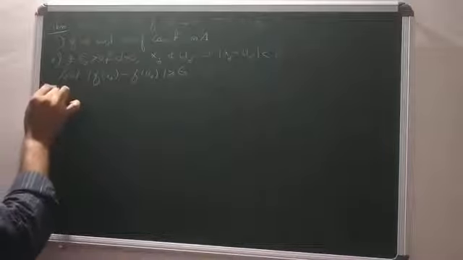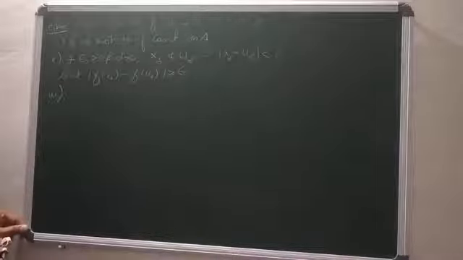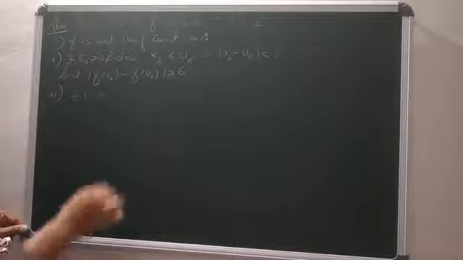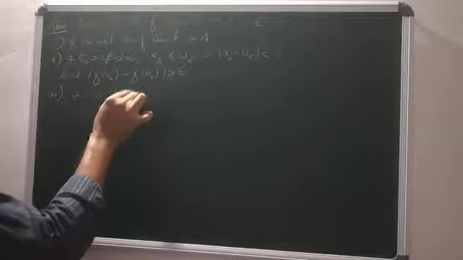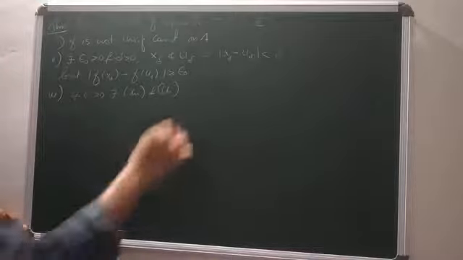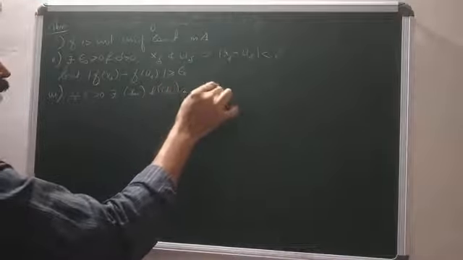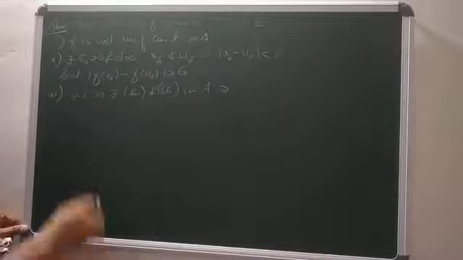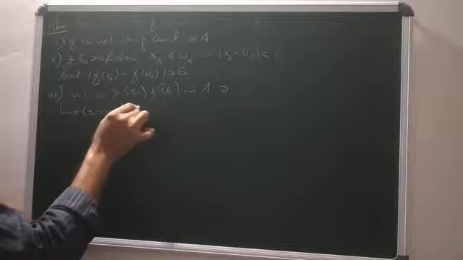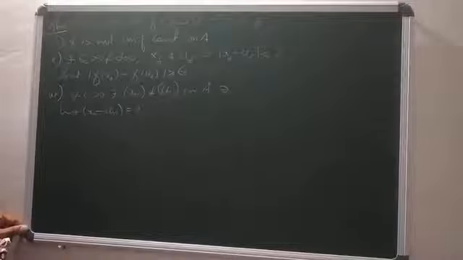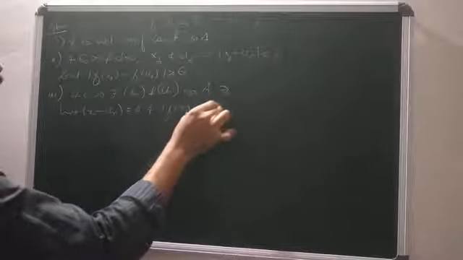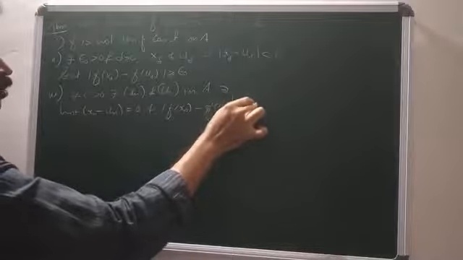And the third one, there exist epsilon naught greater than 0 and sequences xn and un in A such that limit of xn minus un equals 0, and modulus of f(xn) minus f(un) is greater than or equal to epsilon naught.